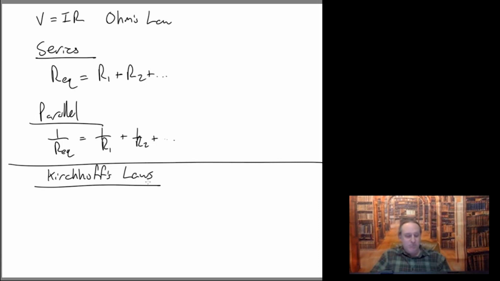It doesn't necessarily have to do with resistors in circuits, although it's applicable, but it could also apply to capacitors or combinations of resistors and capacitors. It also will apply to AC circuits. So it's a very general way of analyzing circuits. So the first rule, there's two of them, is called the junction or the node rule or law.